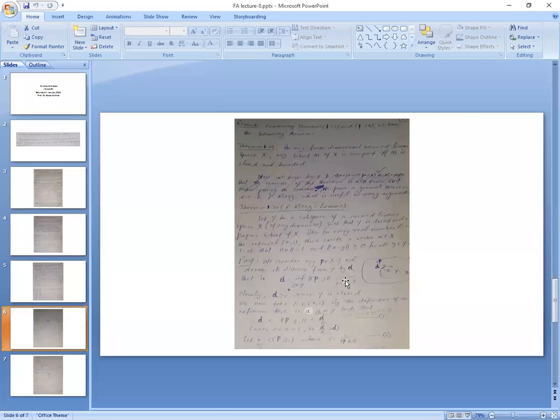But since theta is a rational number, 1/2, giving 2d, we have this inequality: d is less than or equal to the norm of P minus y naught, less than or equal to 2d. Anyway, denote this by 1.